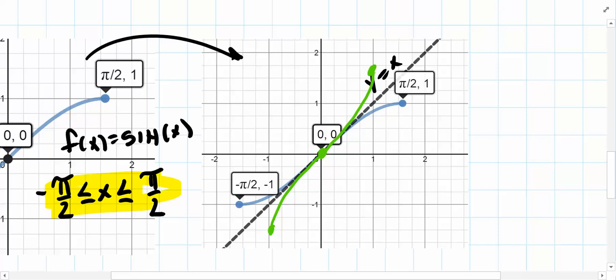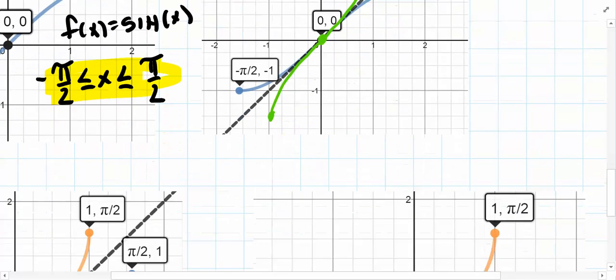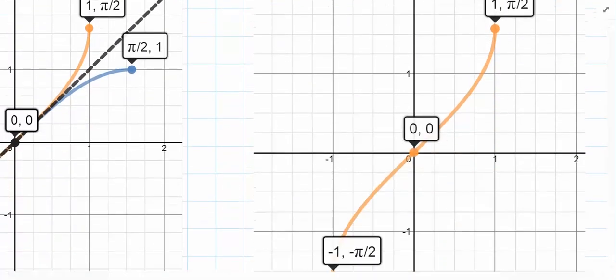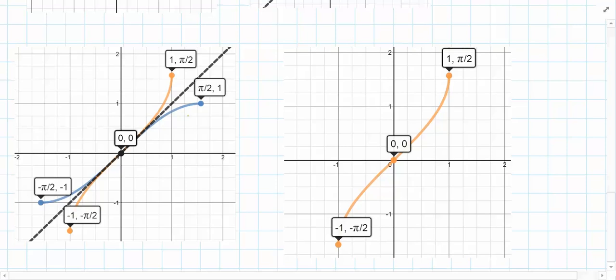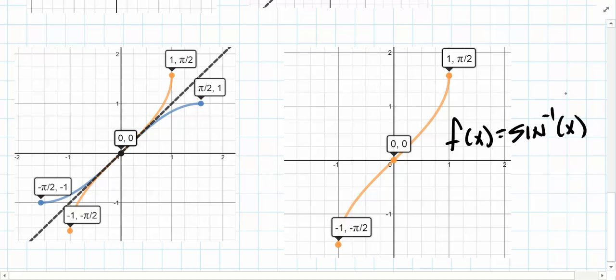Well, here is what it really looks like, right down here. Okay? So there it is. I've now removed everything, and we end up with this down here, and this is the function f of x equals sine inverse of x. And that's where the story picks up.